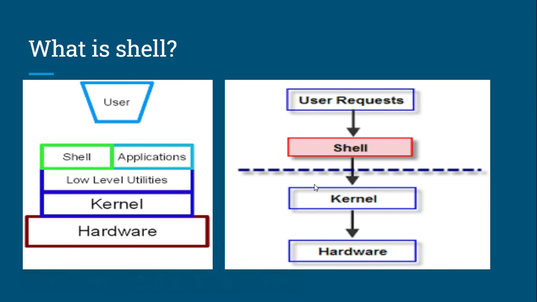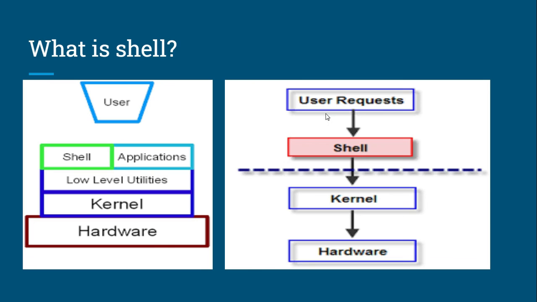After that it returns back to the kernel, then the kernel sends it to the shell, then the shell sends it to the user. So in this way communication happens from user to shell, shell to kernel, kernel to hardware.